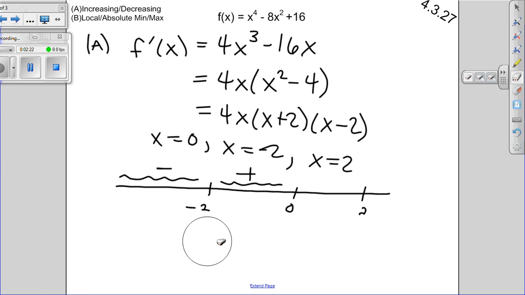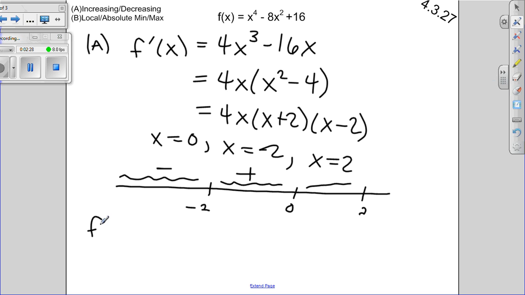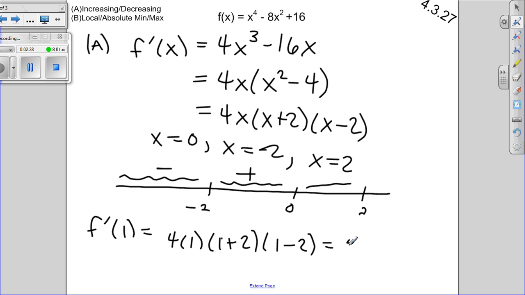Now let's consider something in this range. Let's try 1. F prime of 1 is going to be 4 times 1, 1 plus 2, 1 minus 2. So that's positive times positive times positive times a negative. So this is going to be a negative value.